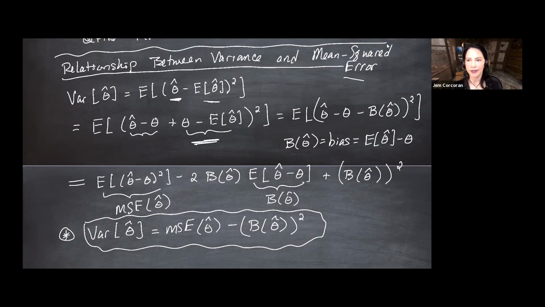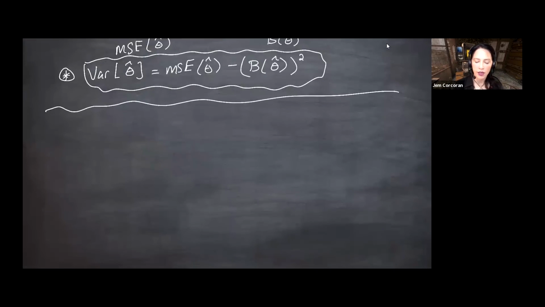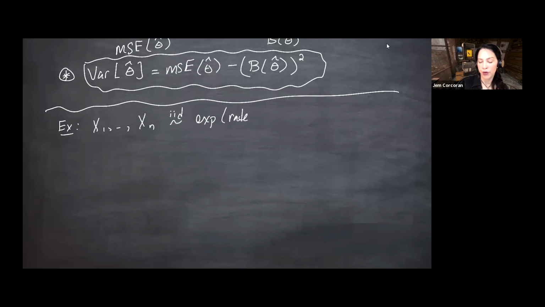Let's estimate something. Let's make some guesses and see if we have guessed well. Okay, so this is just an example overall of estimation and unbiasedness and variance and MSE. So I'm going to take a random sample x1 through xn, IID exponential with rate lambda.